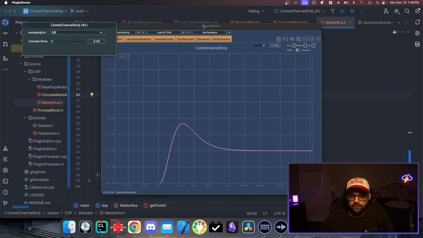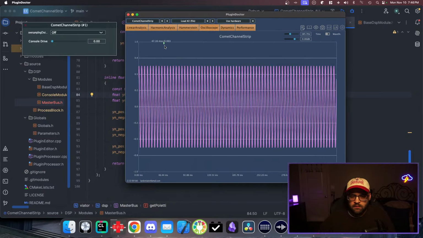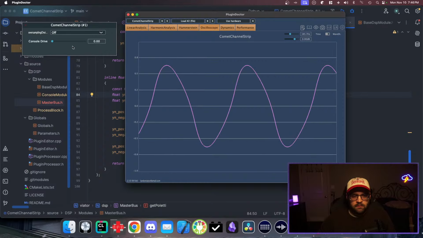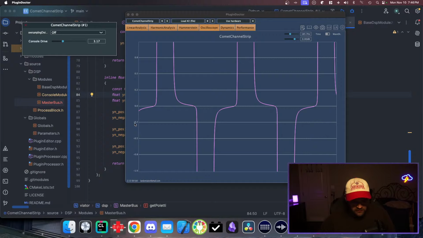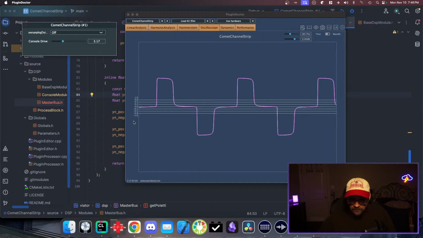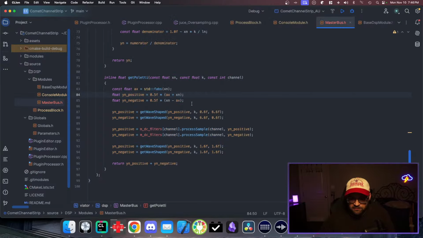Let's see. Yeah, it's the same. The shape is very close. It's got the correct hard top, and then it kind of has that section in the middle that flattens out, but it's way too accentuated.